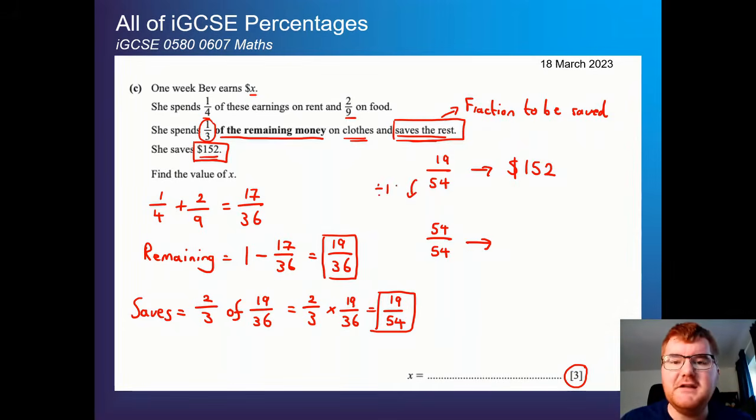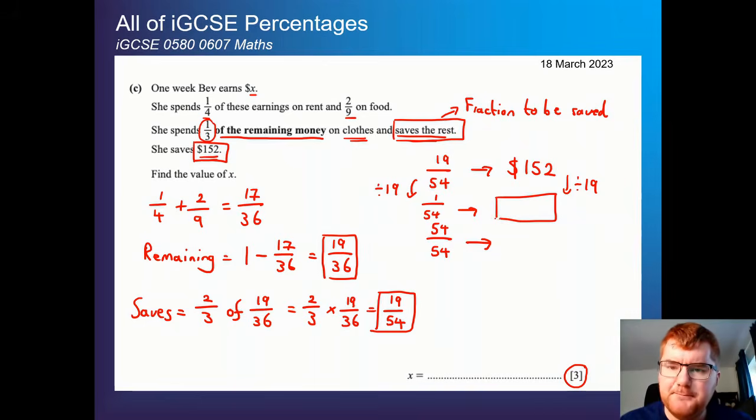If we divide by 19 on both sides, this is the so-called unitary method, we can then work out, well, this cancels, we get 1/54, and that will give us a certain amount. And then what do we do to 1/54 to get 54/54? Well, we multiply by 54, making sure we do the same process on both sides.